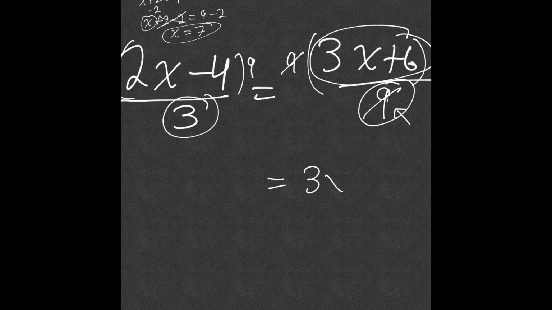On the left side, however, we have something a little more complicated, but it will help us because the right side has been simplified. We're left with (2x minus 4) times 9 over 3 is equal to 3x plus 6. All right, I'm going to use a property of a fraction in order to simplify this further.